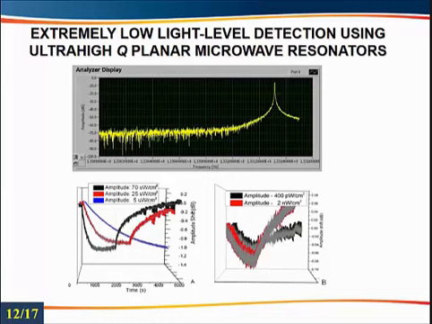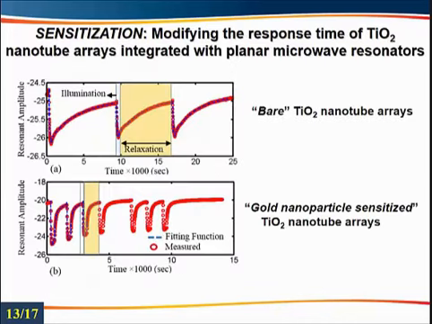Those trapped carriers can be made to react with species to give you that selectivity in sensing. So traps may not be all bad, and I'll get to that in a little bit.